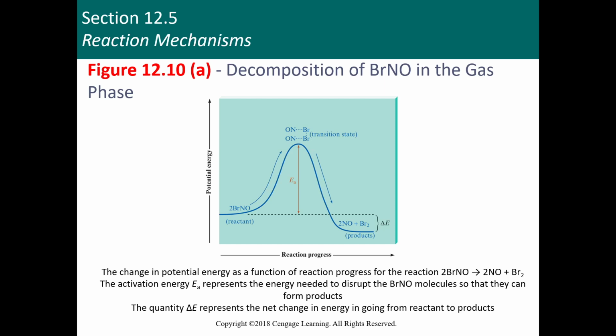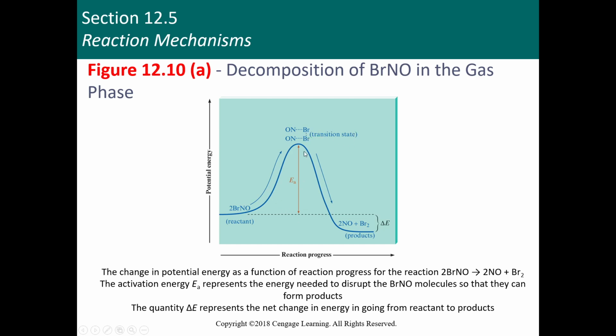Their electron fields, those electron wavelength fields that we talked about before, remember we talked about the electron clouds. Those are negatively charged, right? So when we push these two Brs next to each other, we're causing these negatively charged electron clouds to repel each other.